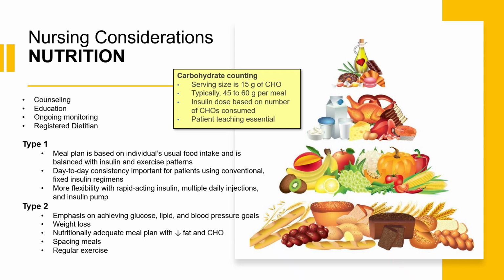One thing to note is that type 1 diabetics have an option to get an insulin pump. So again, textbook wise, we are going to say that type 1 diabetics meet the criteria for an insulin pump, where type 2 usually isn't appropriate for that. So what is an insulin pump? It is a device that is connected to the patient, and it kind of acts like an artificial pancreas.